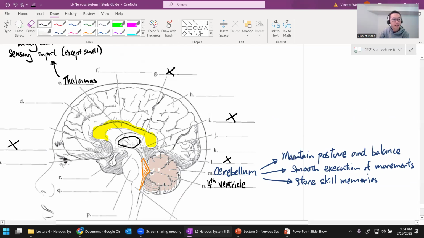Okay, F is, yeah, that's right, the corpus callosum. Corpus means a bundle. Callosum, I don't know what callosum means.